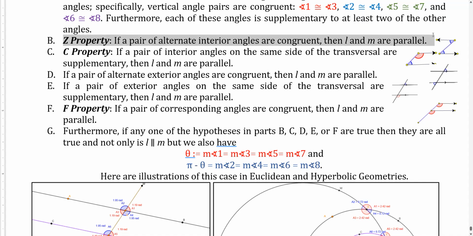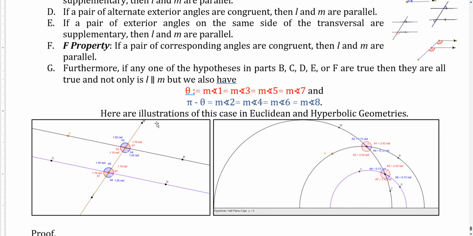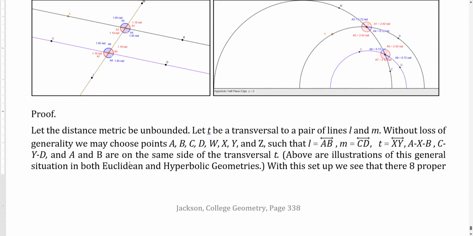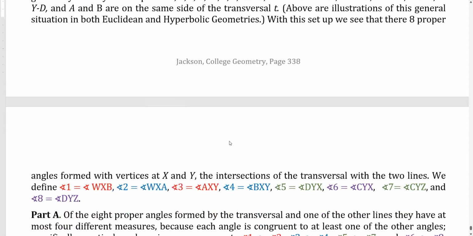If we can use that to prove that we have parallel lines, then the C property is going to give us parallel lines and all these other different ones here. And this proof is going to work in Euclidean and in hyperbolic geometries. Since it works in Euclidean geometry, it's going to work in taxicab geometry as well. Okay, so there's our basic setup.